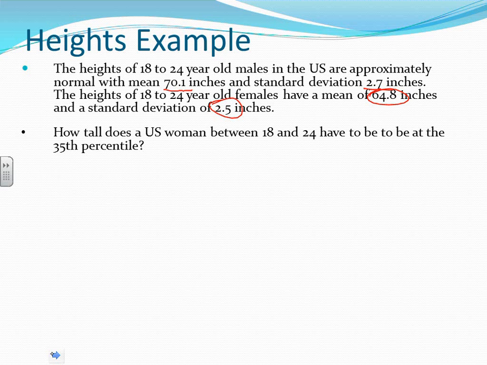35th percentile is automatically percent below. 64.8. Sorry, you're right. I kind of deleted that. You should see it on your calculator. What is the height? Kind of erased.